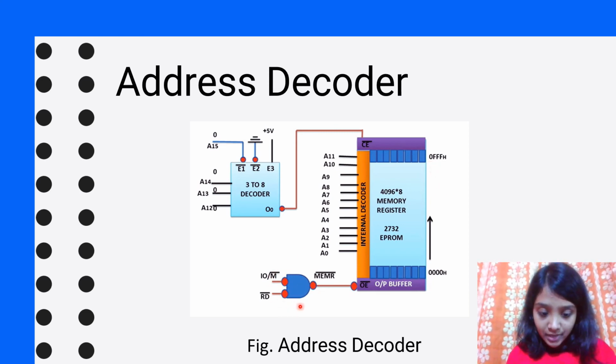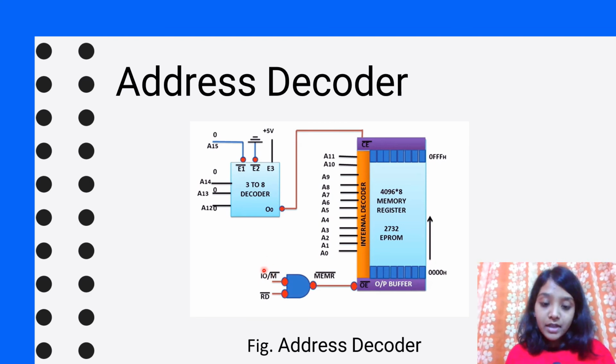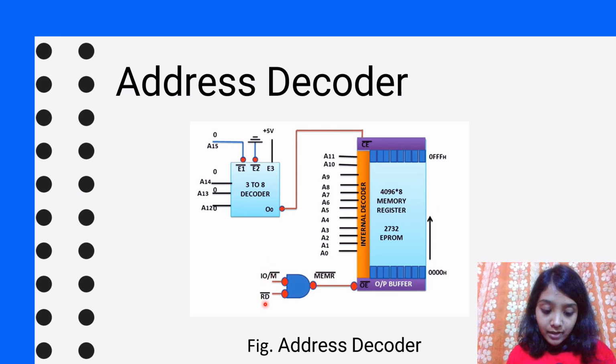So here we have a NAND gate. The NAND gate is connected to the input-output buffer. It has two inputs, that is input-output memory, IO/M bar, and RD bar, that is read memory.